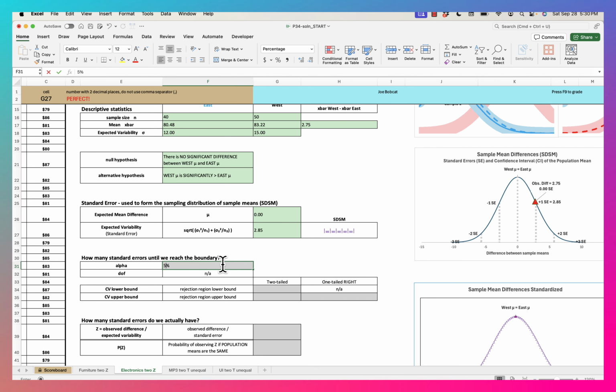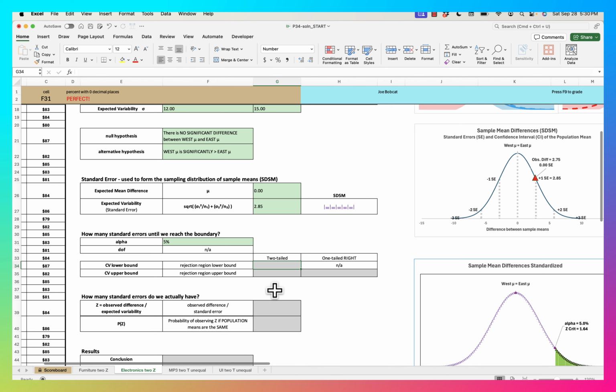So the alpha is 5%. Then we need all the critical values. The reason we do the two-tailed and the one-tailed right is because we need the two-tailed later on for the confidence interval for the population, even though we're actually going to use the one-tailed right for this problem.